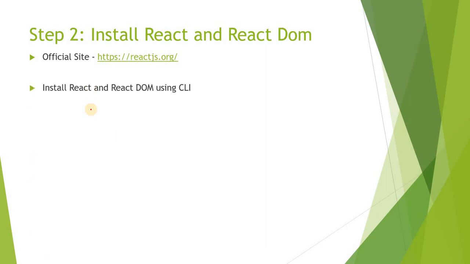Basically, React provides different commands for its core library, and React DOM represents the virtual DOM that React creates. In the previous video we discussed that React always creates its own DOM, called the virtual DOM, which is different from the real DOM.